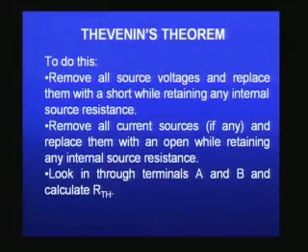If the voltage source has an internal resistance, then include only the resistance and remove the voltage source. Similarly, if it contains current sources, then you have to open the current source, and if the current source has a very large internal resistance, include the resistance in the circuit. So, you will have only resistances in the circuit. You would remove all the sources, whether it is a voltage source or a current source.